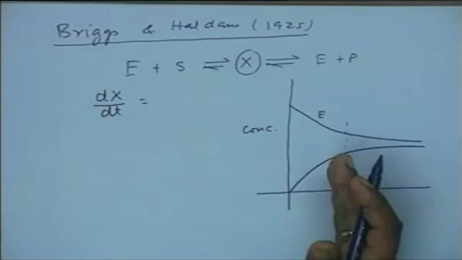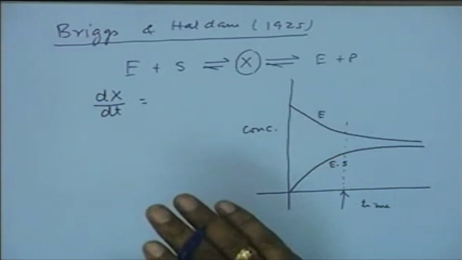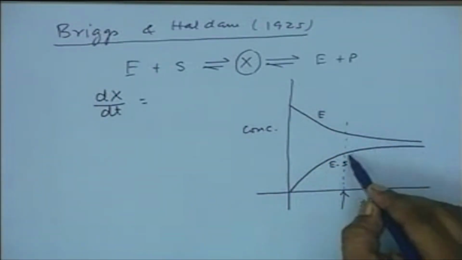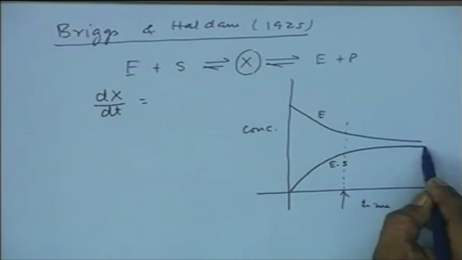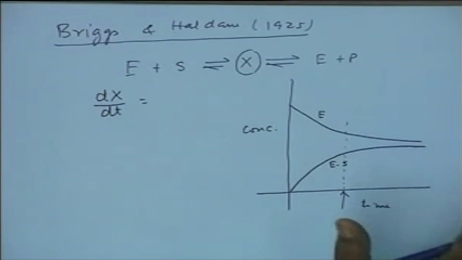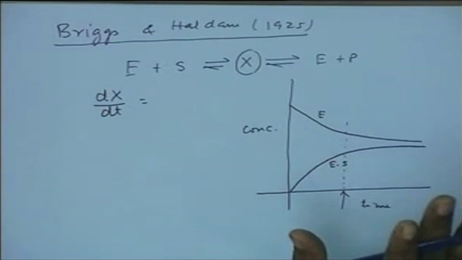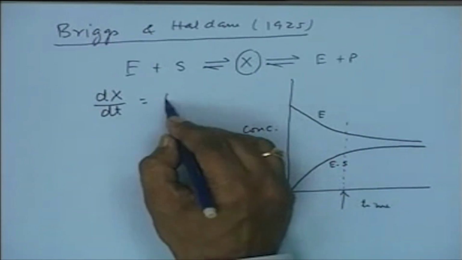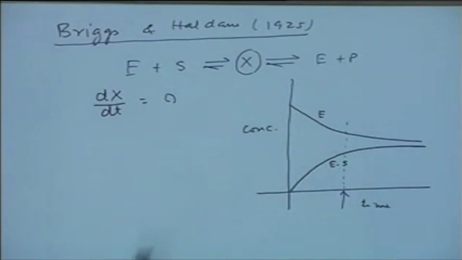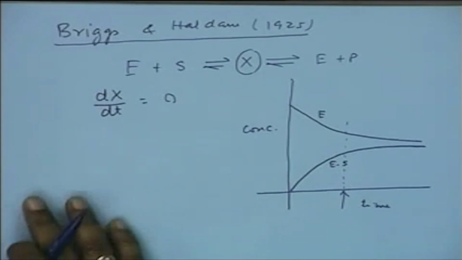Of course, you can call it a transient or pre-steady state period also, but as soon as this very short transient period passes, the rate of formation of the enzyme substrate complex comes to a steady state, and dx over dt becomes 0. Based on that he wrote his rate expressions, and arrived at an almost identical rate expression as Michaelis and Menten, with a slight difference which we will notice.